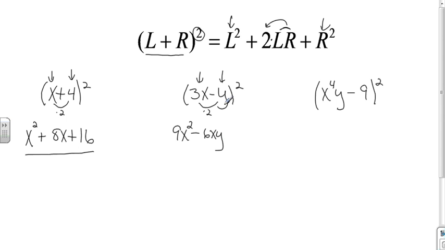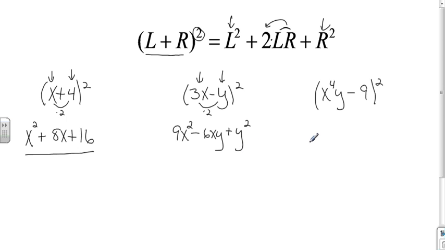And then the right term squared is going to be negative y times negative y, which is going to give us positive y squared. The last term when you square a binomial can never be negative because it's always going to be a square. Something times itself will always be positive.